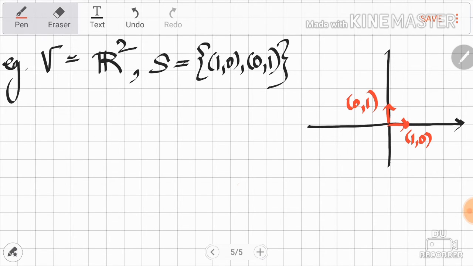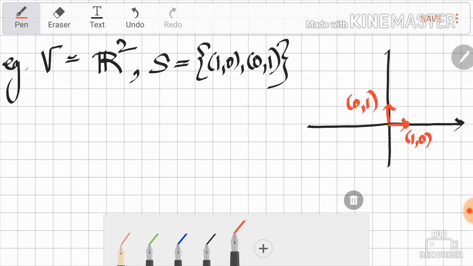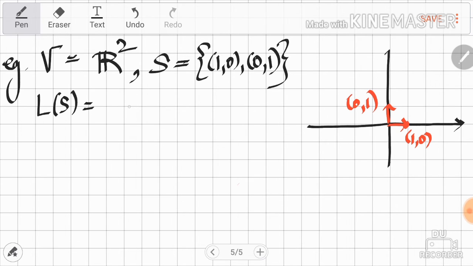What would happen if I take the linear span of this set? The linear span of S would be the set of all finite linear combinations of the vectors from S. Now since there are only finitely many vectors in the set S, I can simply write it as the set of all linear combinations. Notice here that I am using the summation notation. I can also write it as alpha 1 times 1, 0 plus alpha 2 times 0, 1.